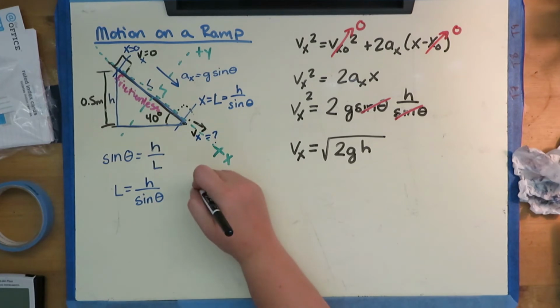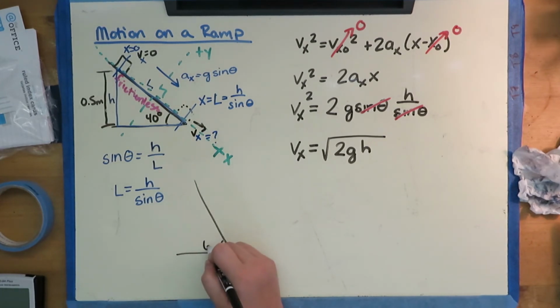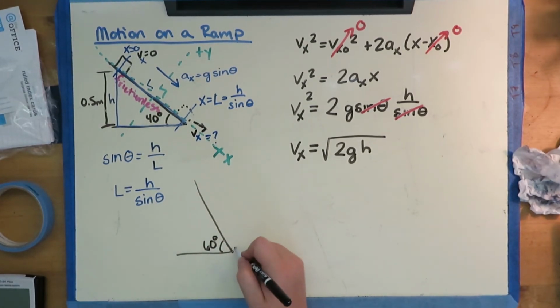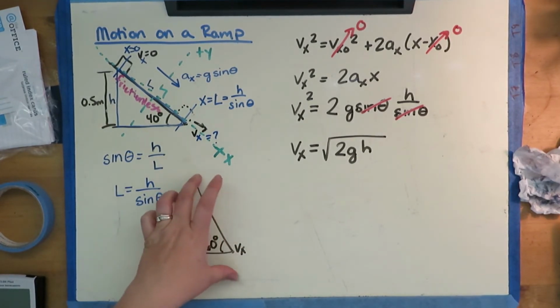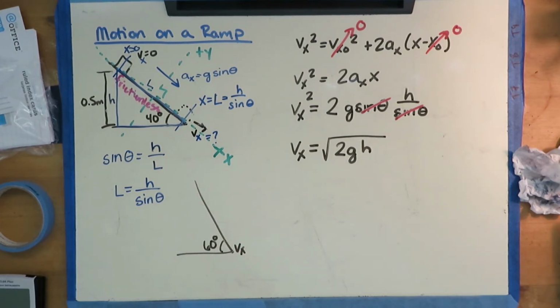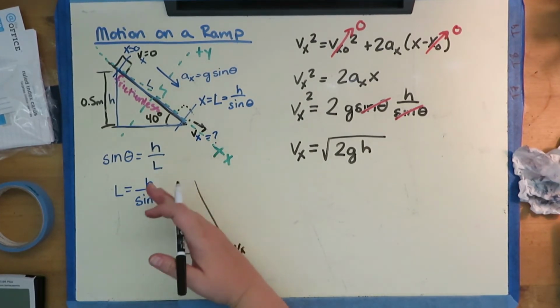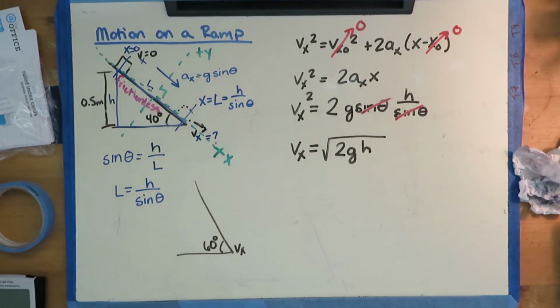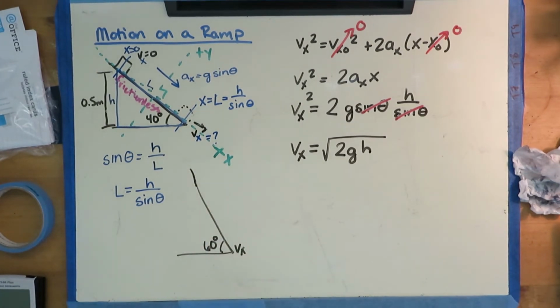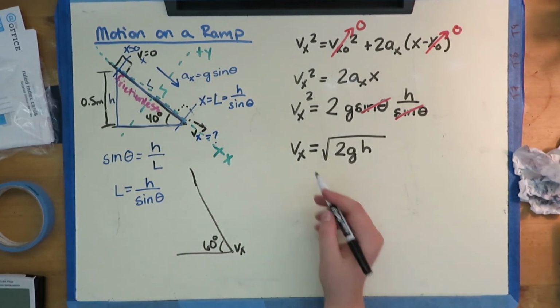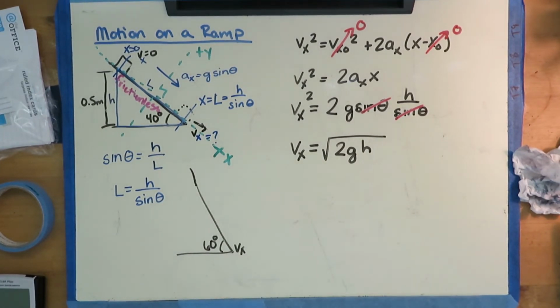But if my ramp was steeper, so say it was a 60-degree ramp, I would have the same speed at the bottom, but it was going to take me a lot less time to get there because I'm going to have a bigger acceleration, because the y component of that triangle would be larger. So I'd end up getting there in a shorter amount of time, but the speed at the bottom would be exactly the same. So that's what we can learn from this non-numerical equation.